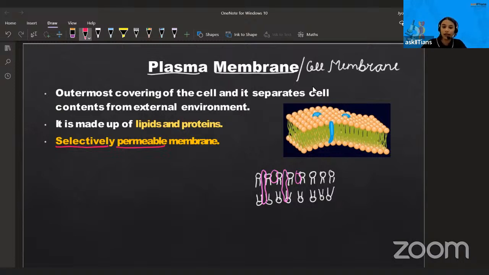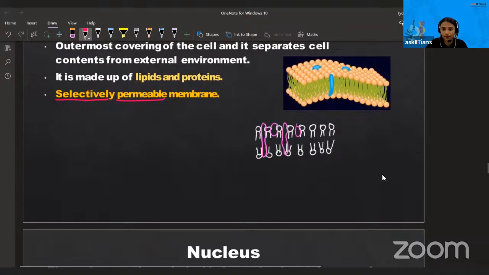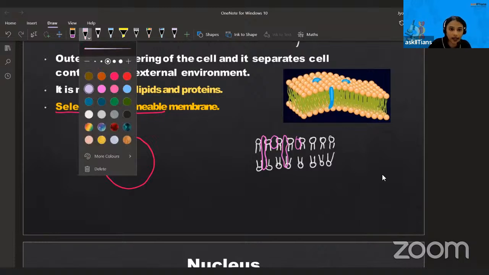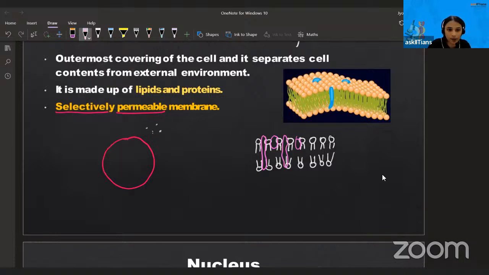So there are some molecules which can pass the membrane and enter inside the cell, but not all molecules can do this. Why? Because our membrane is selectively permeable. It means it allows the entry, suppose this is your cell and outside various molecules are present.